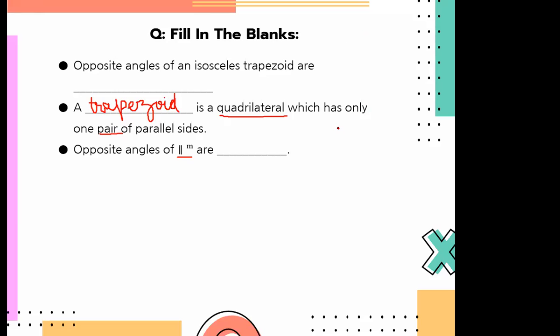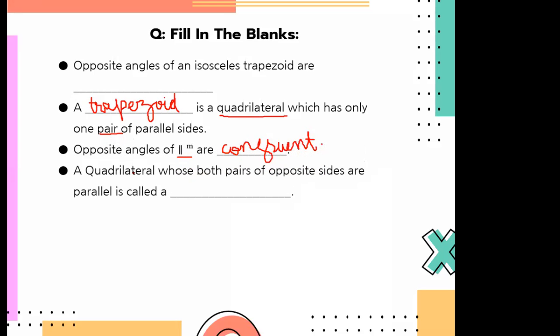Yes, very good. Yes, you are giving the right answer. We are talking about the angles. So the opposite angles of parallelogram are congruent. Okay, clear? Now move on to the next one.